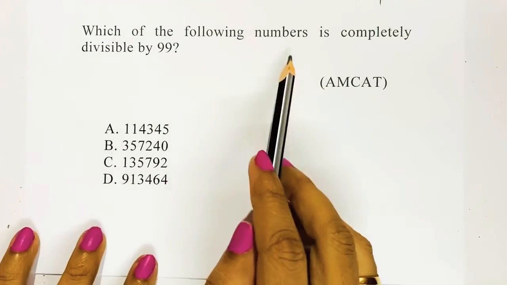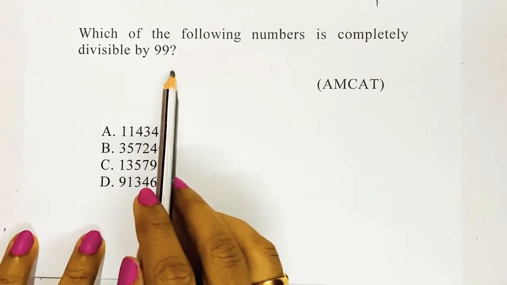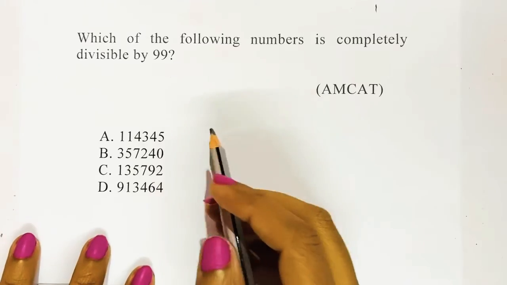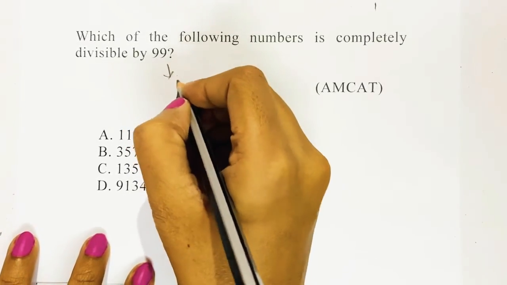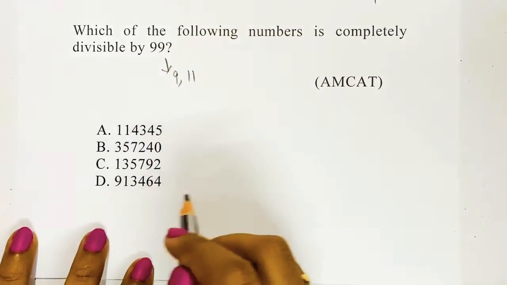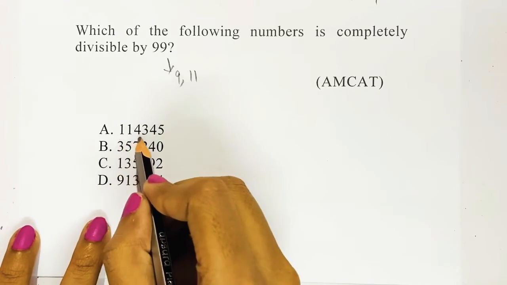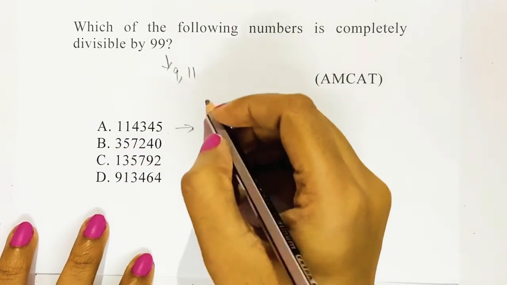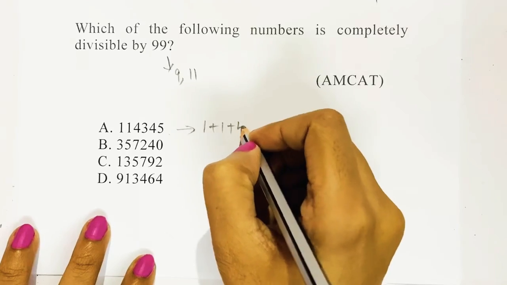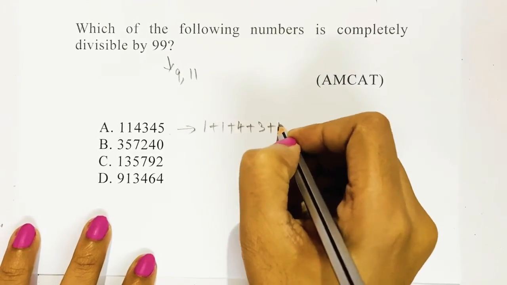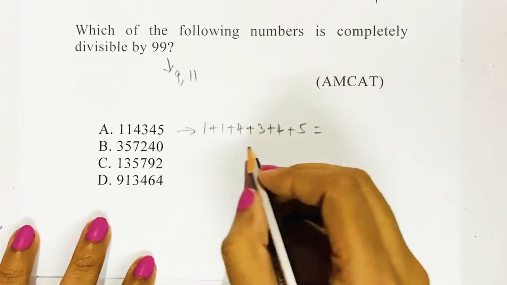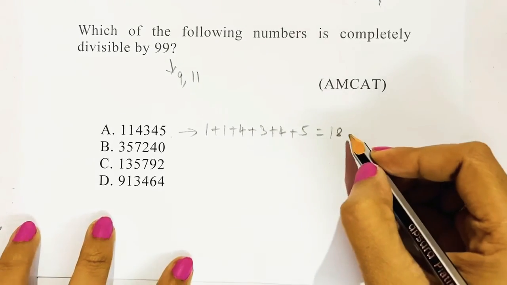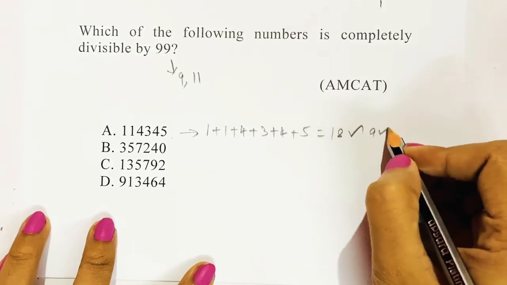Which of the following numbers is completely divisible by 99? To check whether a number is divisible by 99, the number has to be divisible by both 9 and 11. Let's go through the options. 114345. The summation of the digits is 1 plus 1 plus 4 plus 3 plus 4 plus 5, which is equal to 18. So this number is divisible by 9.